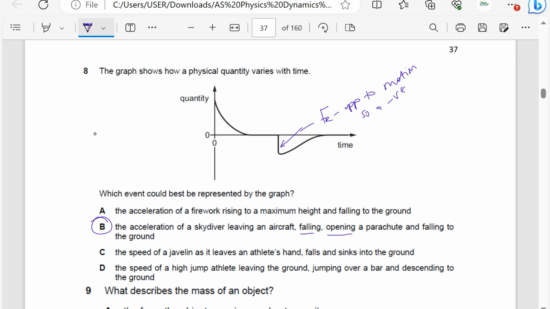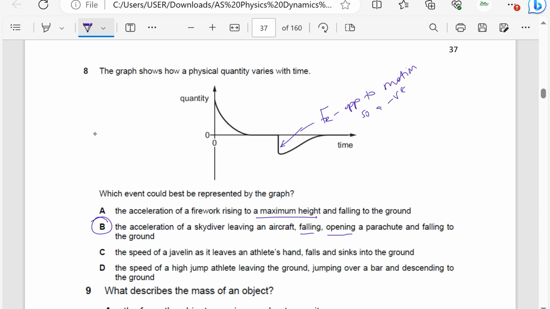Option A was saying the acceleration of a firework rising to a maximum height. Of course, at a maximum height, v becomes zero and then it falls to the ground. So if it is the acceleration of a firework rising to a maximum height, a will be negative. This will mean the gradient is negative.